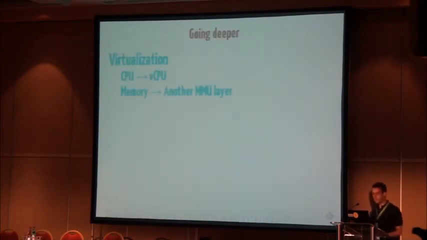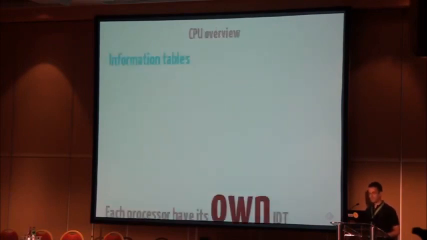You don't have memory, but another MMU layer. Inside the CPU, you have information tables, and each processor has its own IDT. IDT stands for interrupt descriptor table. When you move your mouse or press keystrokes, it sends an interrupt to your processor, and your processor executes the associated function. You have the LDT and GDT, local and global descriptor tables.